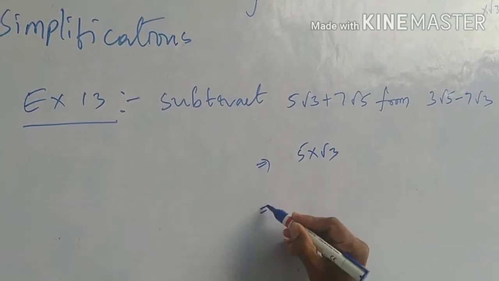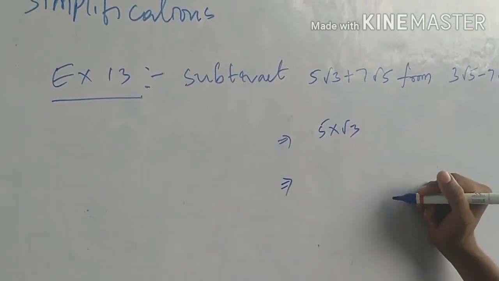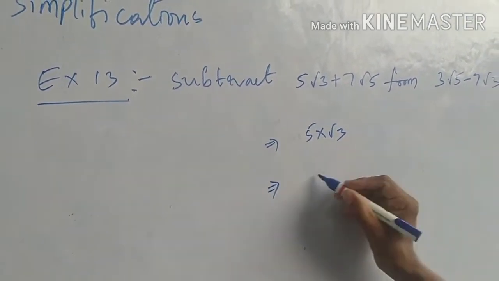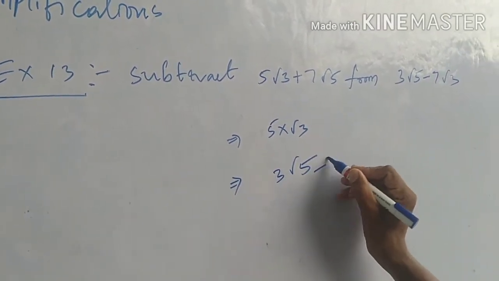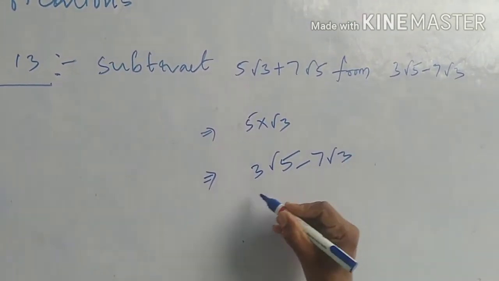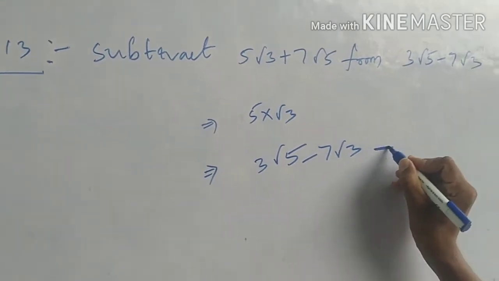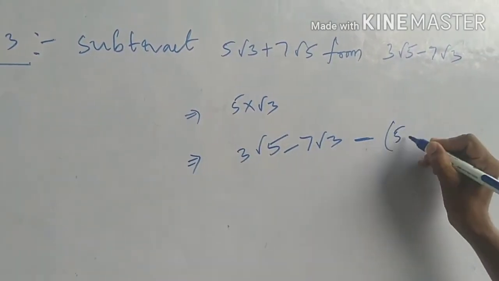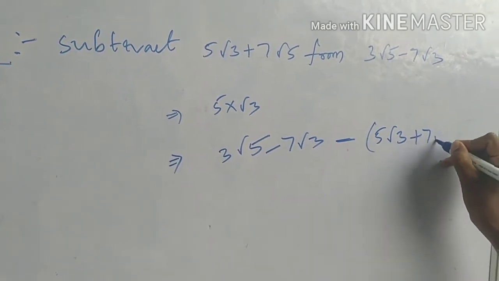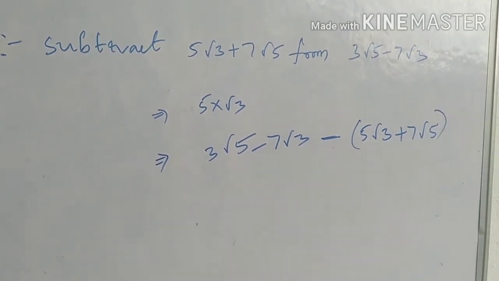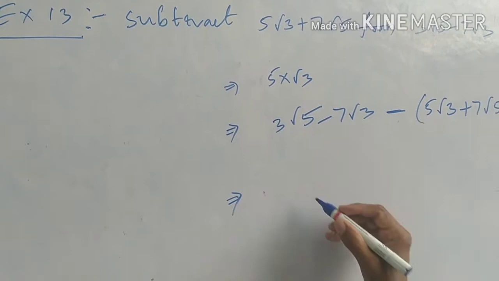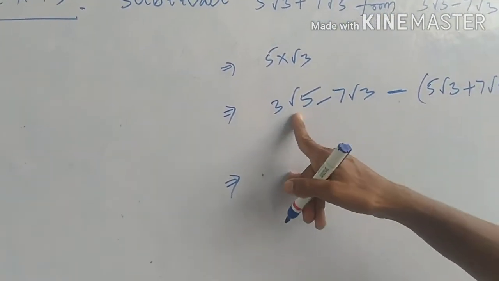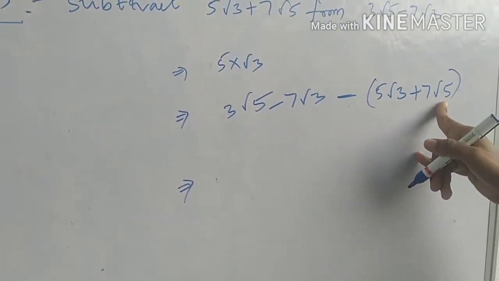So subtraction: 3 root 5 minus 7 root 3 minus 5 root 3 plus 7 root 5. Like terms are 3 root 5 and 7 root 5.